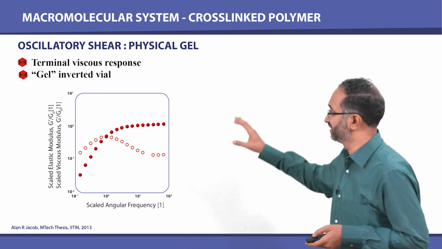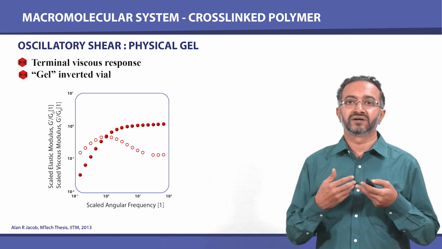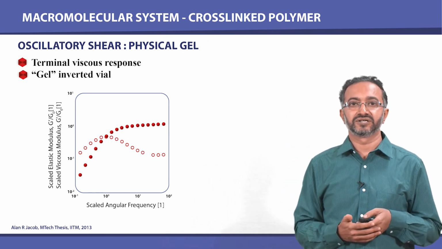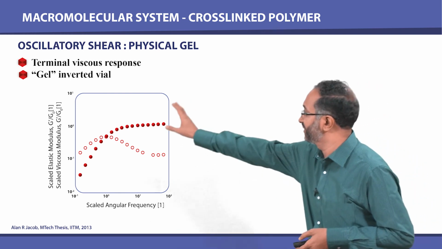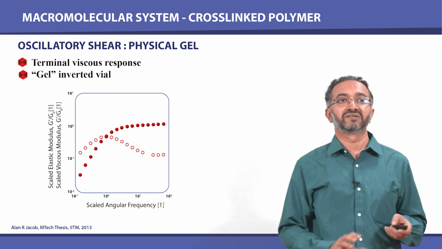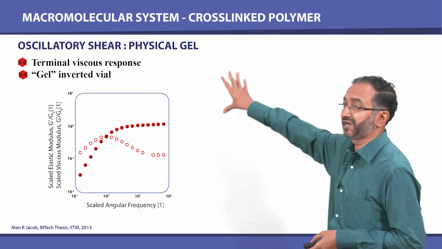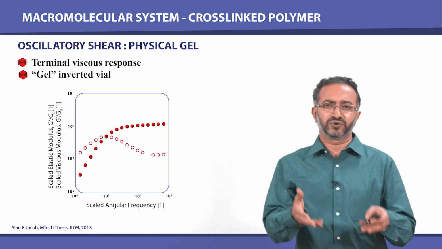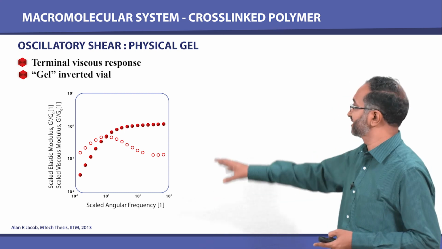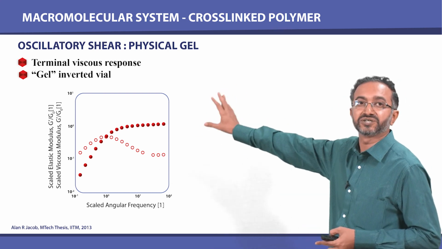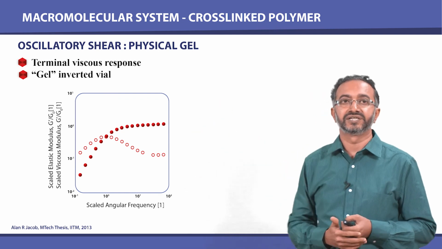This data shows an example of such a physical material, formed with wormlike micelle solutions. In this case we can see that at very low frequency we have terminal viscous response, and at high frequency the overall G prime is constant. Having discussed the Maxwell model in class, we can see that many features of the Maxwell model are very well captured in this data.